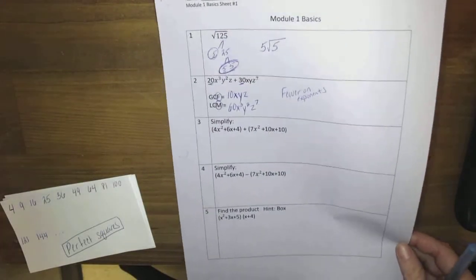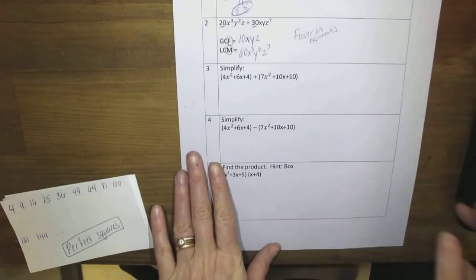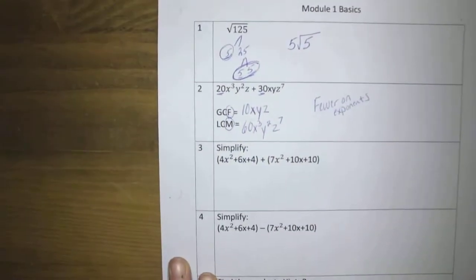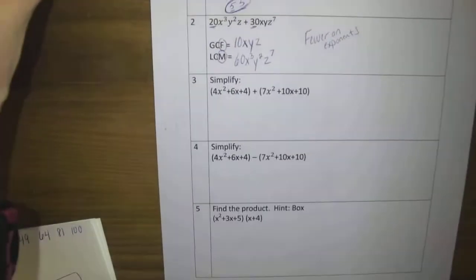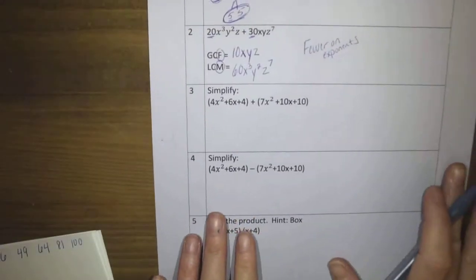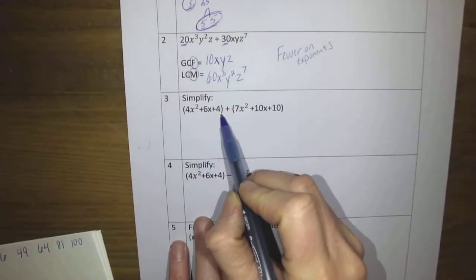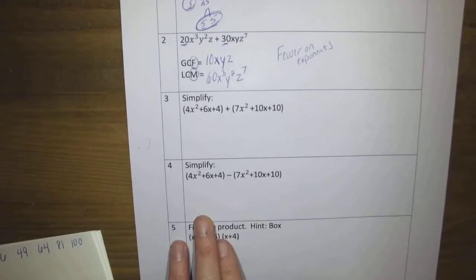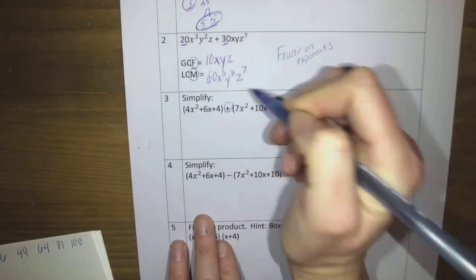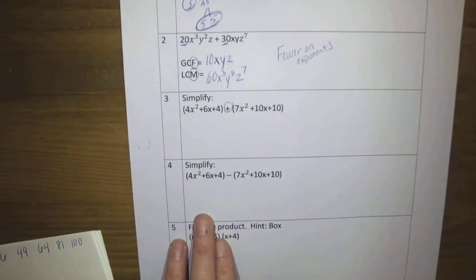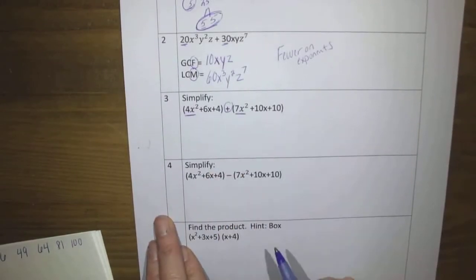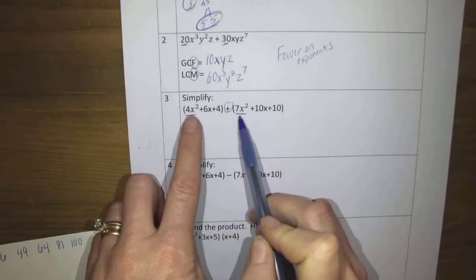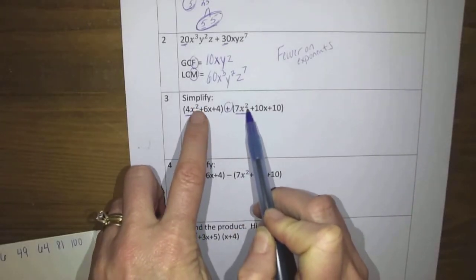Moving to number 3. If you are told to simplify this one, and there is a plus sign in the middle, they really don't even need these parentheses. You can go right away, if there's a plus sign, and combine like terms. 4x squared and 7x squared are like terms because they both have an x raised to the same power.